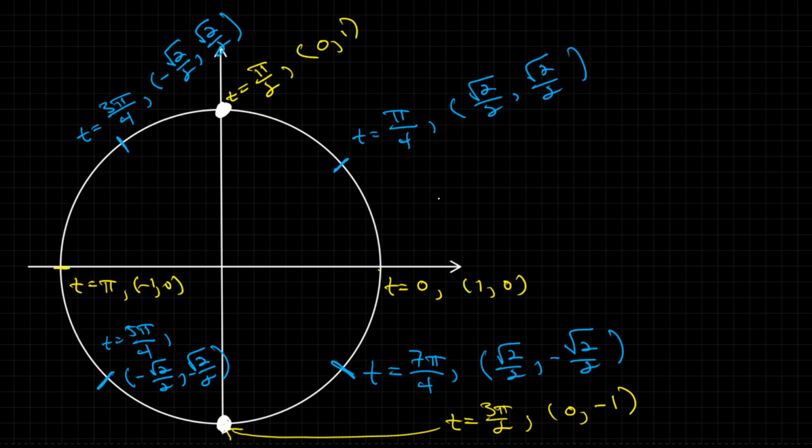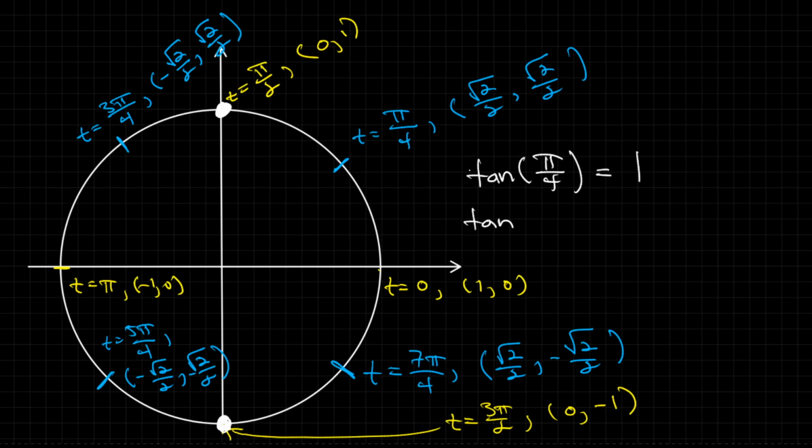What we'll see in this case for tangent of t, and later on for cotangent of t, is that the amount of time it takes for the graph of tangent of t to start repeating is not 2 pi, but pi. For example, if you do tangent of pi over 4, you get positive 1.